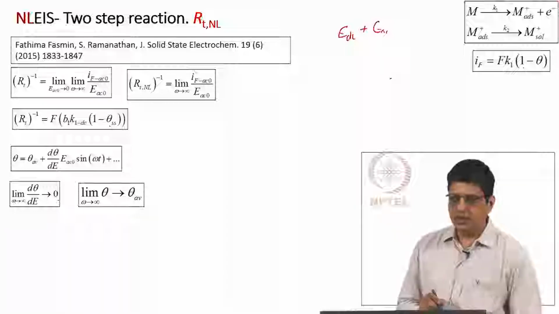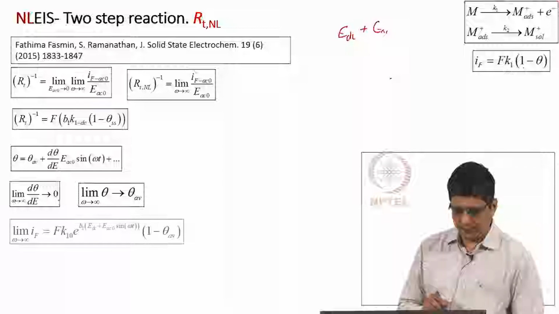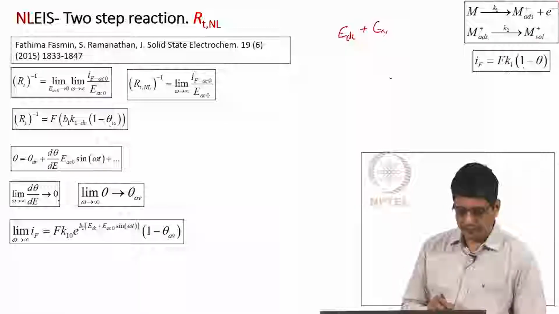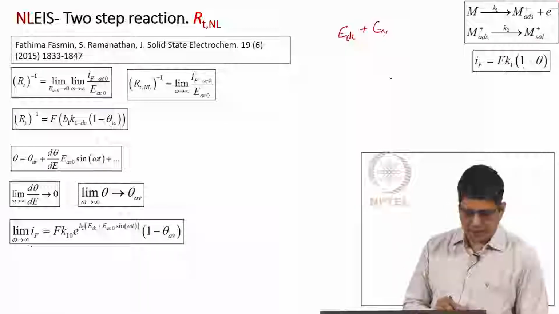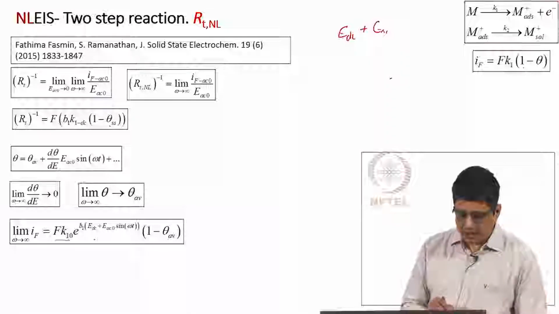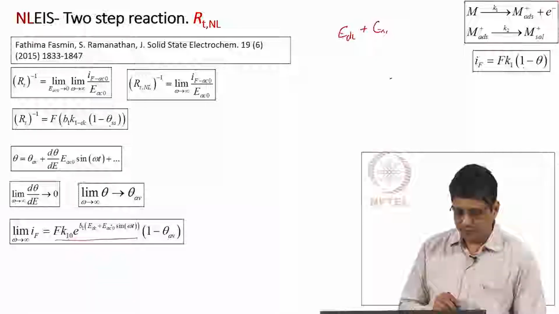And theta tends to theta average. When omega tends to infinity, what happens to IF? We can write F k1 (1 minus theta) and expand the k1 as k1 DC multiplied by e power B1 EAC.